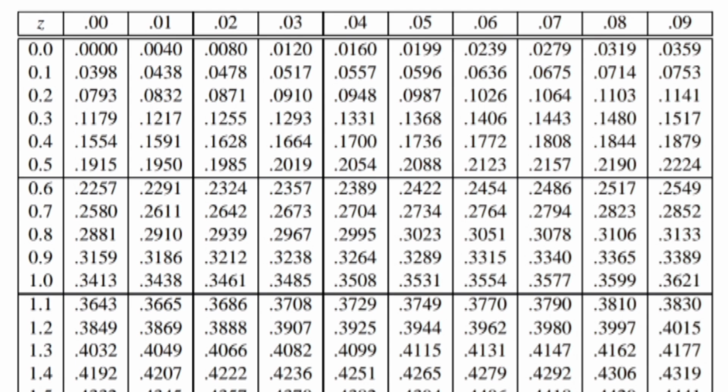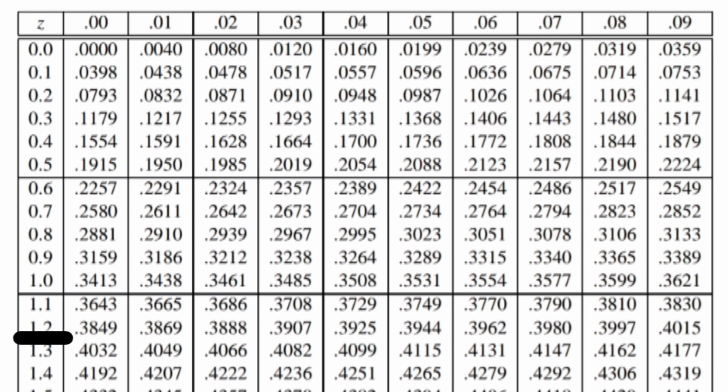Observe the row where 1.2 is written. Here the value is only 1.2 and 0. After the 2, all these values are 0, that's why they are not written here. And if the value is like 1.248, how do we find the area?